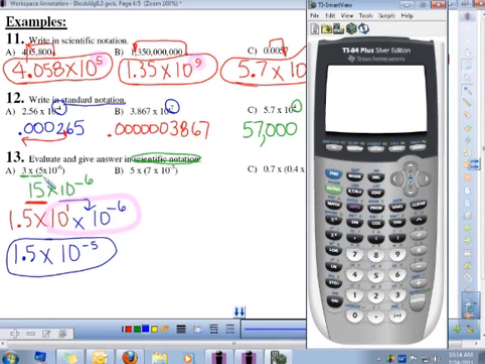Let's do this first one right here that we already did by hand. So if we did 3 times 5, your exponent button, and your exponent's -6, and then press enter. Now look what it tells you.